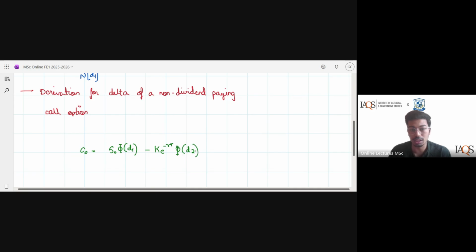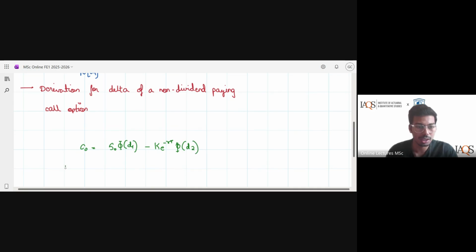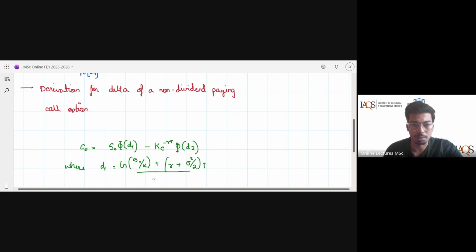Where d1 is equal to log of S0 by K plus (r plus sigma square by 2)T, divided by sigma root T. This is the equation that we know.